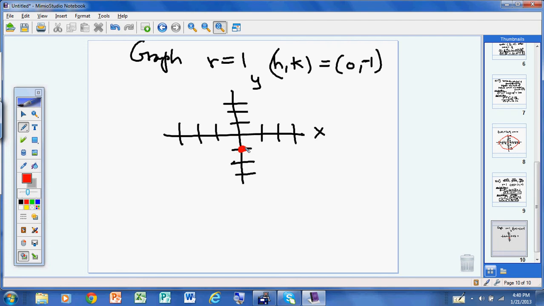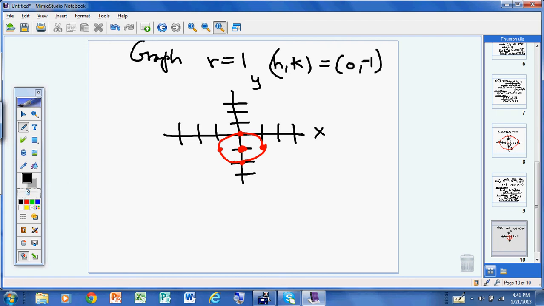And if our radius is 1, that means we're going 1 away here, and it'll stretch where there's 1 away here, 1 away here, and 1 away here. So this is your circle. Okay. Alright, we've got 2 more examples to do, and this will complete our exercise for today for our samples.